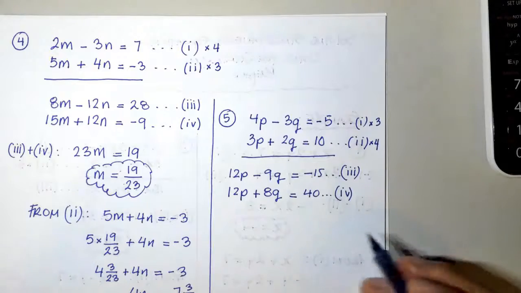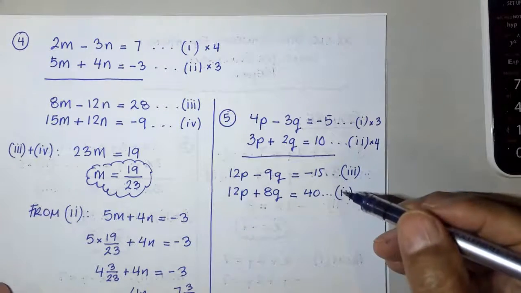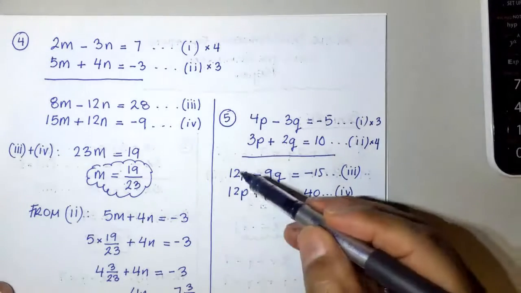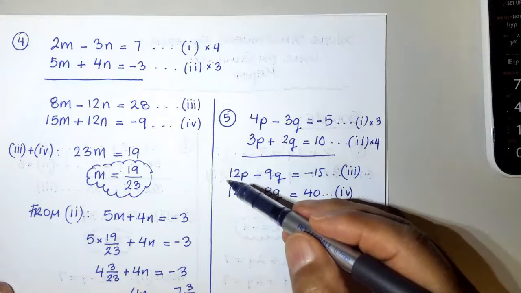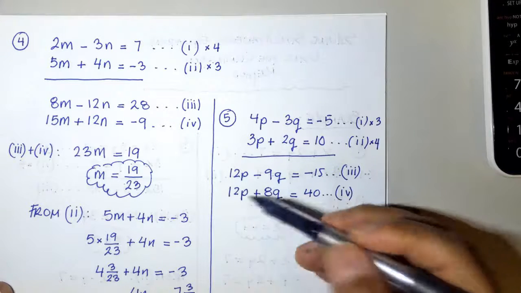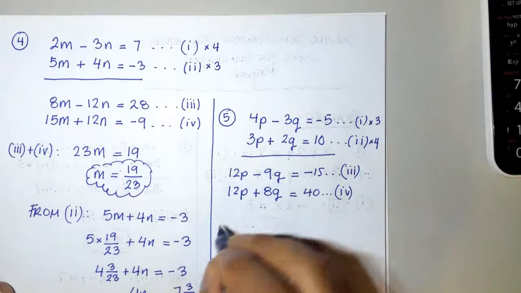Okay, and then we can see that this time we need to take away, because we are eliminating the p and the coefficients have the same sign. They are both positive, positive 12 and positive 12. So we need to take them away.